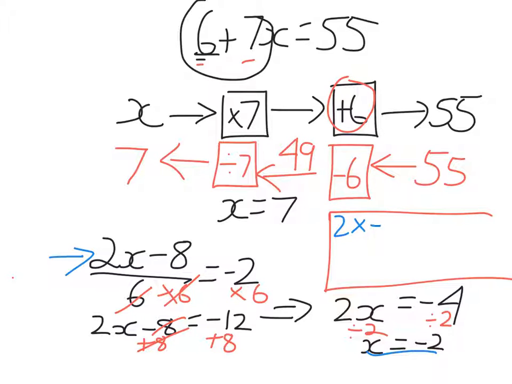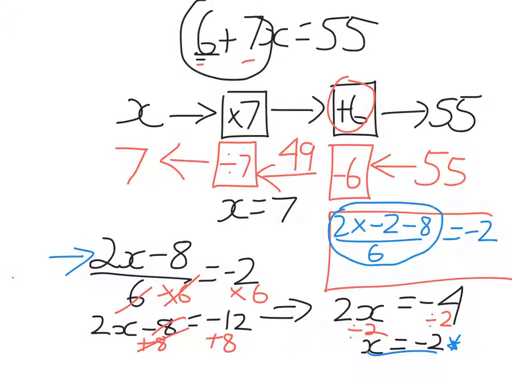So what I'm essentially saying is 2 times negative 2 minus 8 divided by 6 equals negative 2. That should be true if my solution here is correct. So 2 times negative 2, negative 4, minus 8 gives you negative 12, divided by 6 is negative 2. If you put this side of the equation on your calculator, it would tell you the answer is negative 2. And that's how I know that I've got the correct answer.